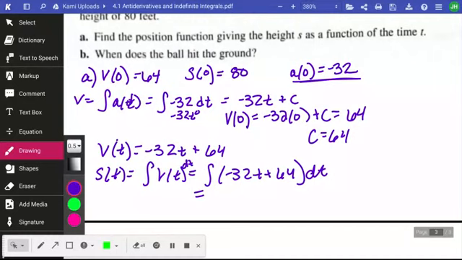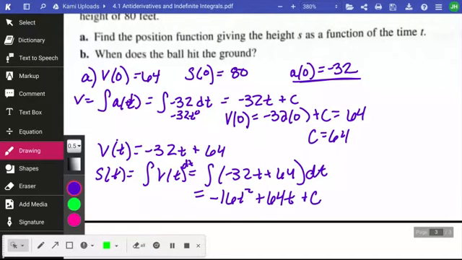Increase your exponent, divide by that exponent. Yep, so negative 16t squared, because you'll do negative 32 divided by 2. And then the antiderivative of 64 is 64t, your variable. Perfect. And then don't forget your plus c.